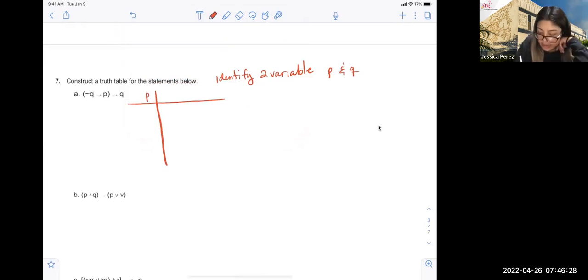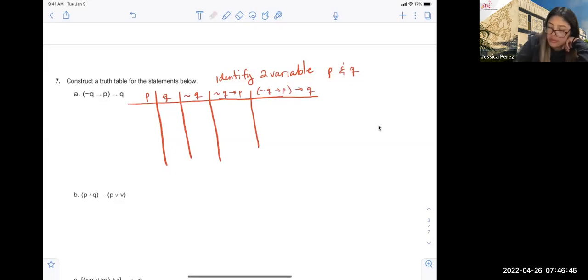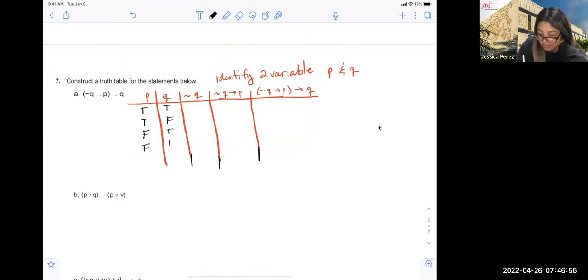You have P and you have Q. You have not Q. You have not Q implies P. And then you have not Q implies P implies Q. So all of this has to be in there. Then you have true, true, false, false, true, false, true, false.